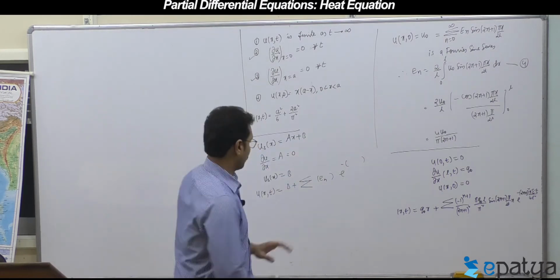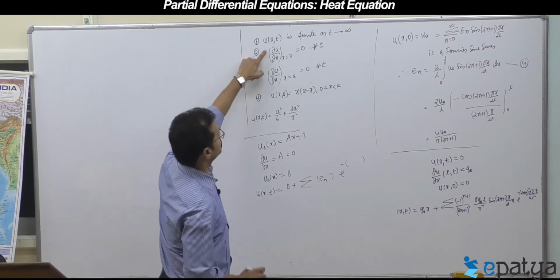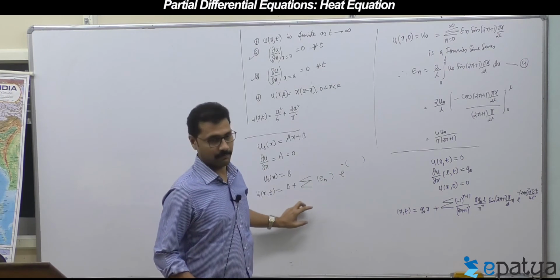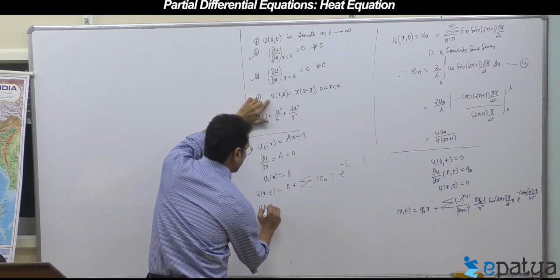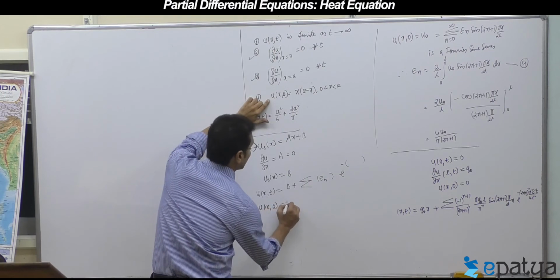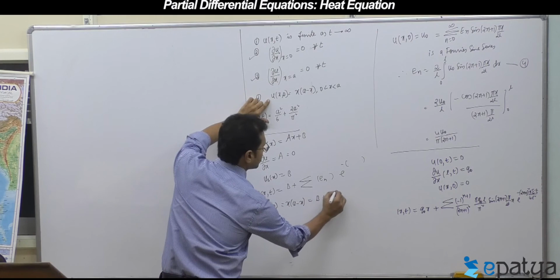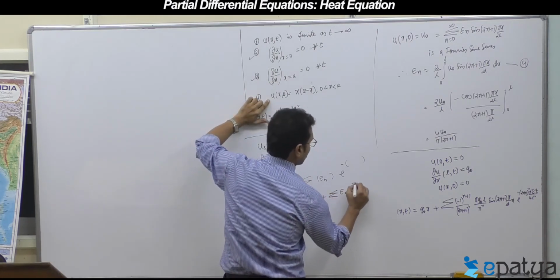Now, when you apply these two conditions, you will get this sigma and everything. When you apply u of x comma 0, which is x into (a minus x), it is equal to b plus sigma En e power minus something.